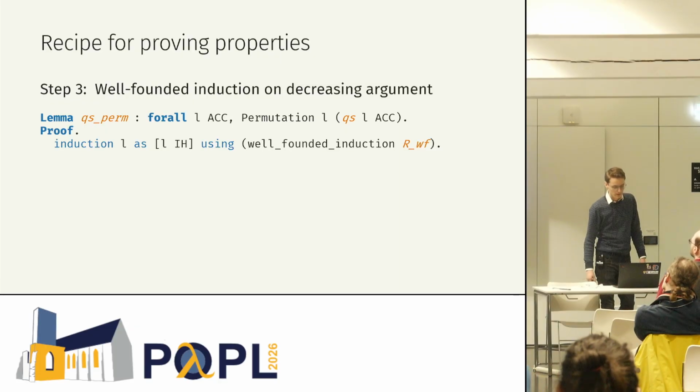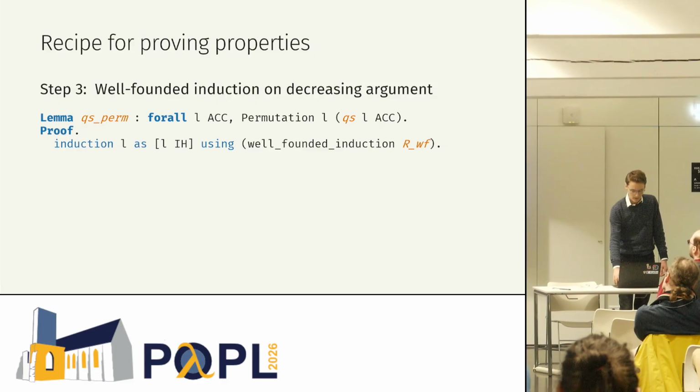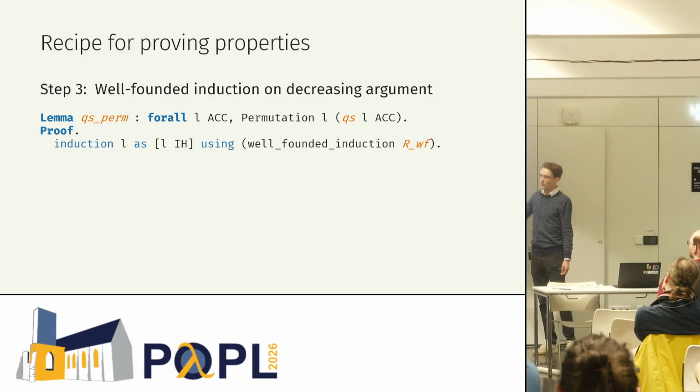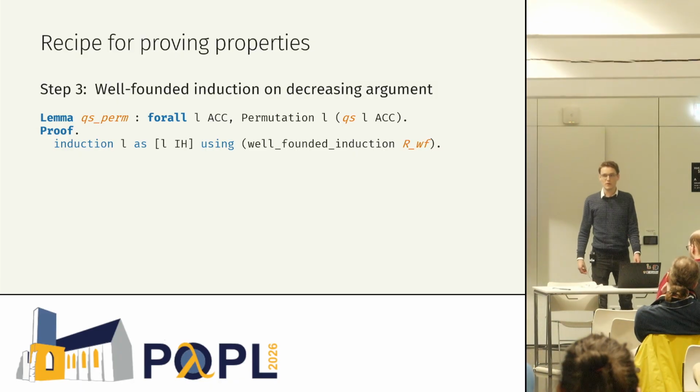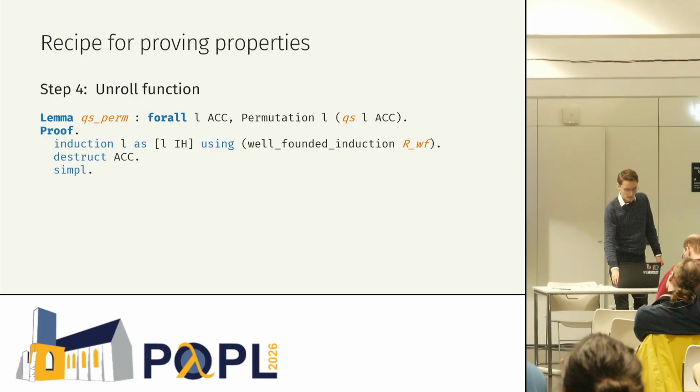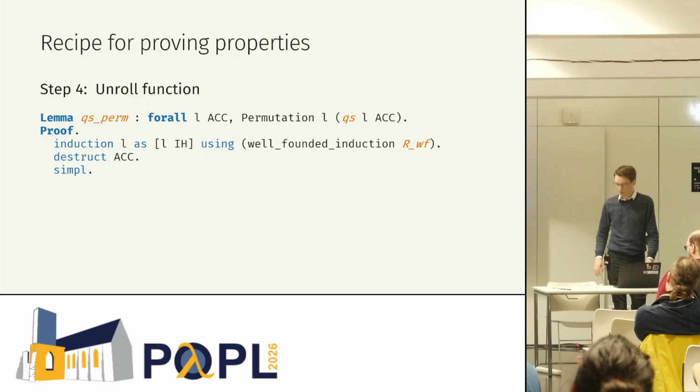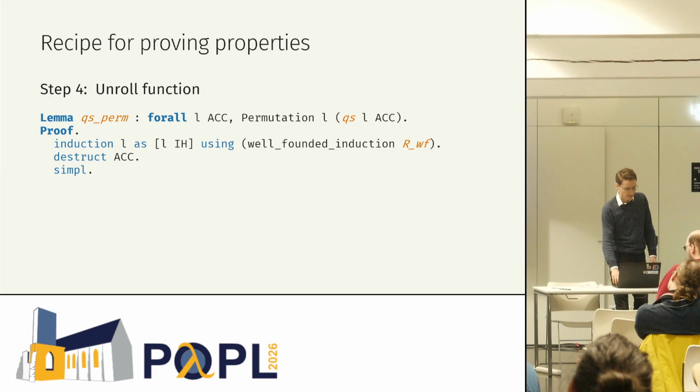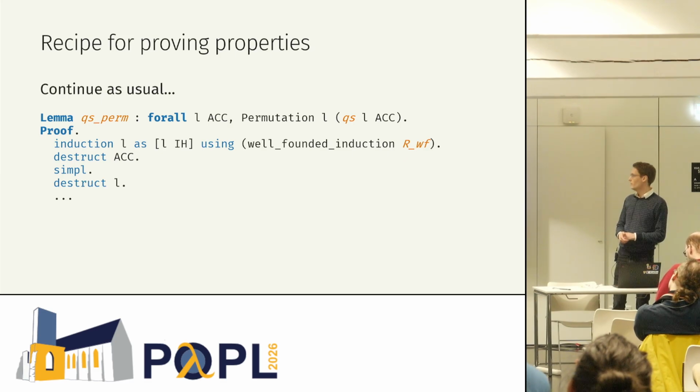Then we start the proof by well-founded induction. This gives us the induction principle, and we need to, again, give the well-foundedness we showed before. And we can unroll the function by destructing the accessibility, and now we can continue as usual.